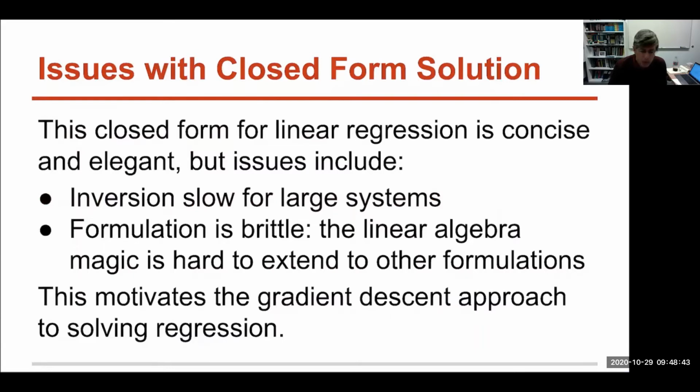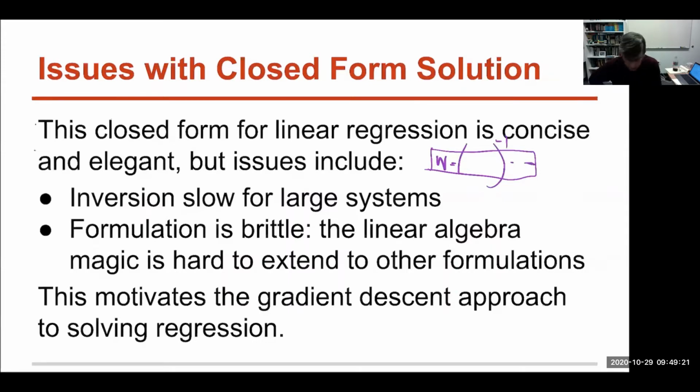And we saw that there was an algebraic way to compute the coefficients of the linear regression, which was kind of amazingly concise, and in principle gave us a way to find the optimal coefficients of the best fitting line using basically a matrix inversion and a couple of matrix multiplications.